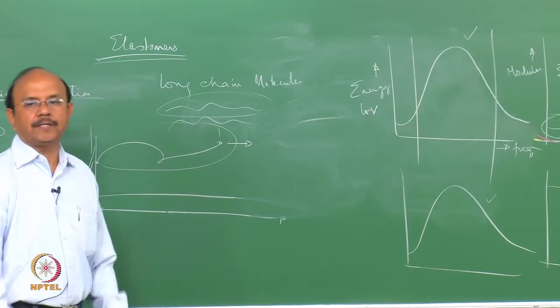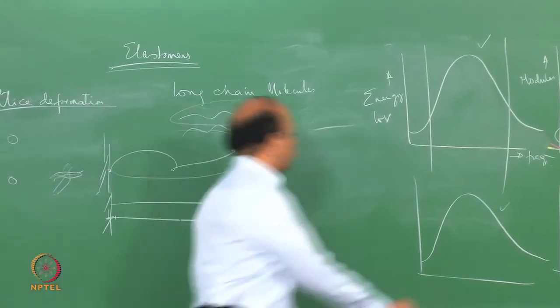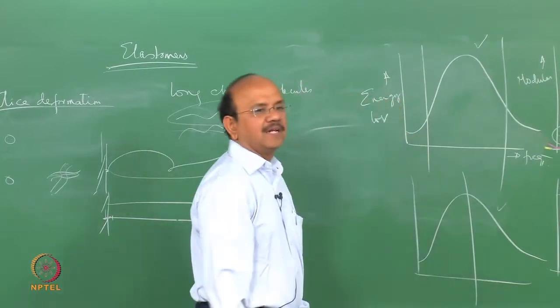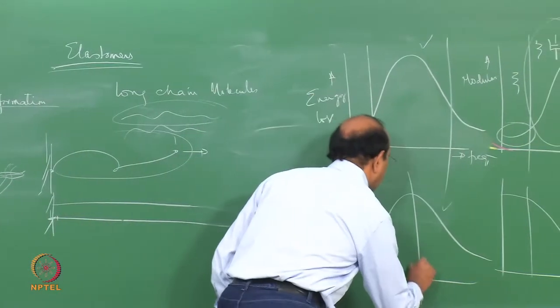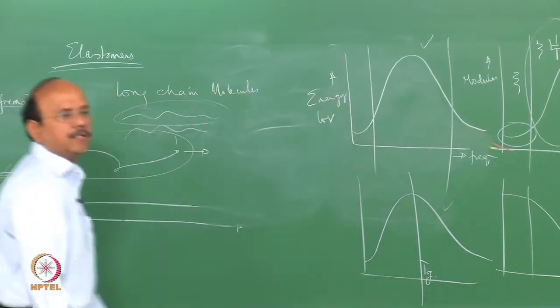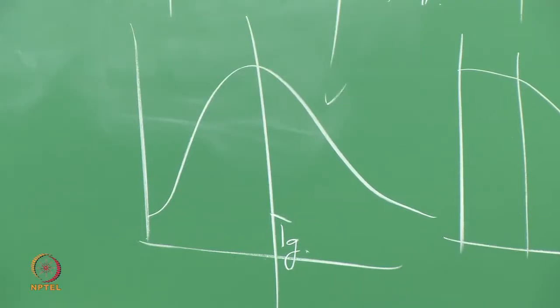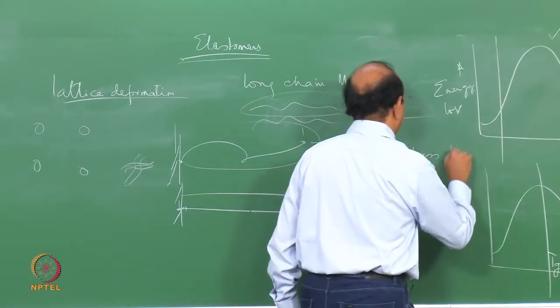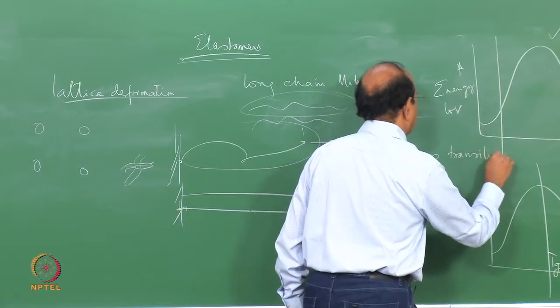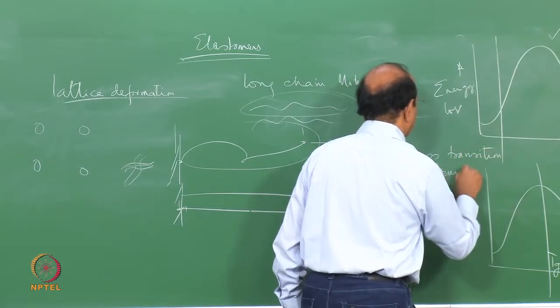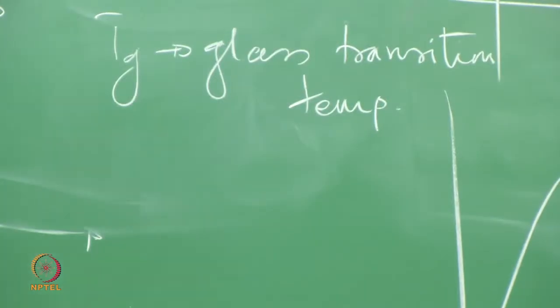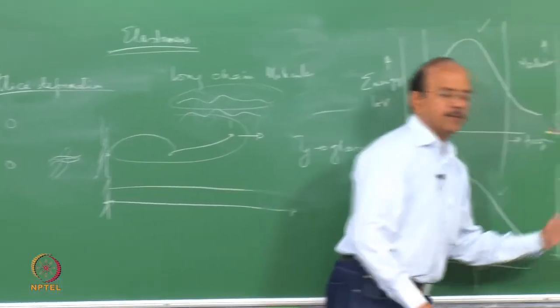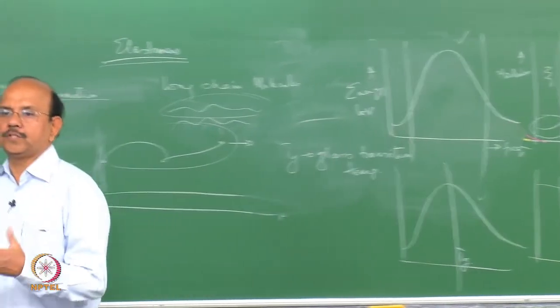There is one particular temperature of interest which is called the glass transition temperature, popularly denoted by Tg. Tg is the glass transition temperature below which the material is vitreous and above which, that's this region, the material becomes very soft.